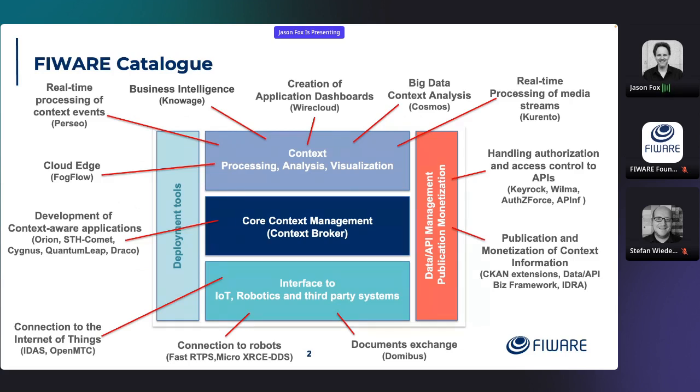If you look at the basic overview of the FIWARE catalog, you will see on the right I've just put a selection of the security elements, crossing all three layers is the ability to handle authorization and access control.